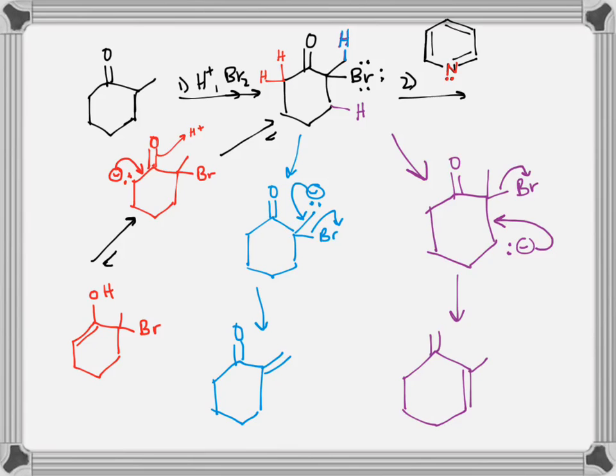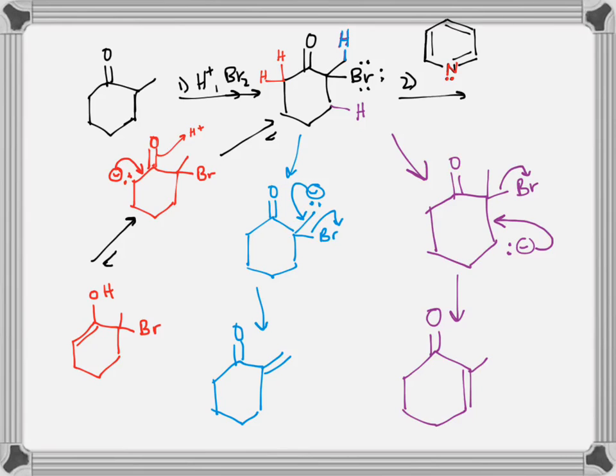The result is we end up with that as a product. Our red product we said was bad because we form it in very, very small quantities. Between the blue and the purple, which one's better? Purple, because we form the most substituted alkene.